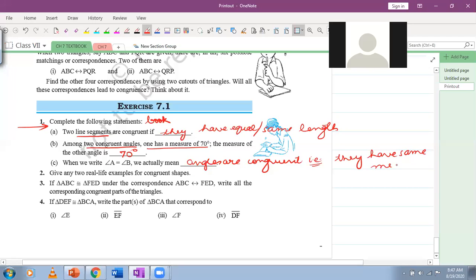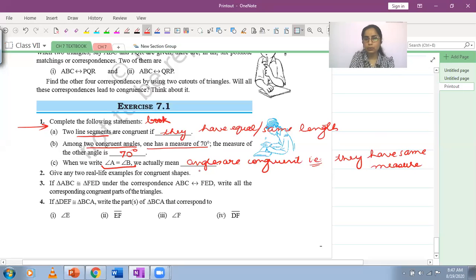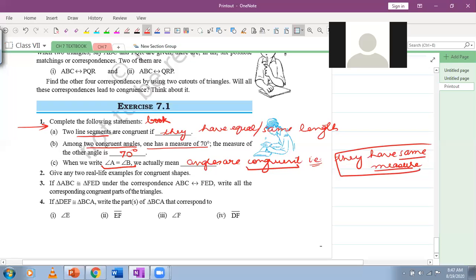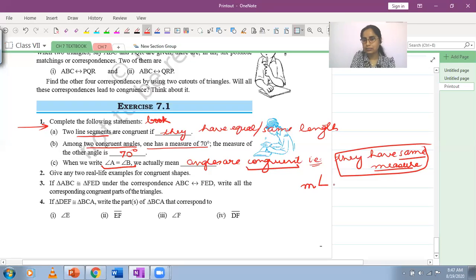So this is what I actually mean when I write that angle A equals angle B. That means they are congruent. That means they have the same measure. Now if we want to write this mathematically, angles with the same measure, I write this. This M actually means measure.